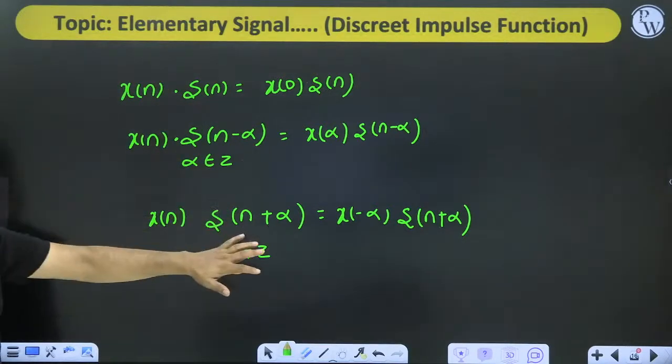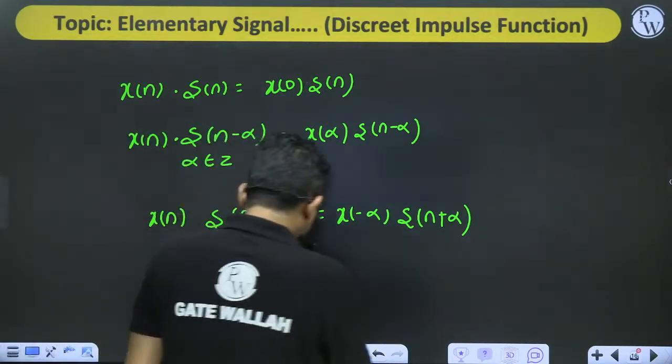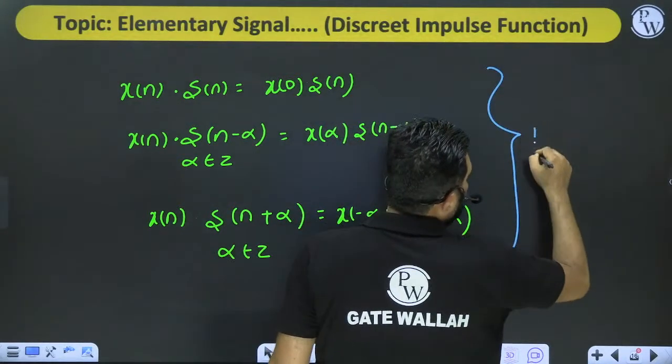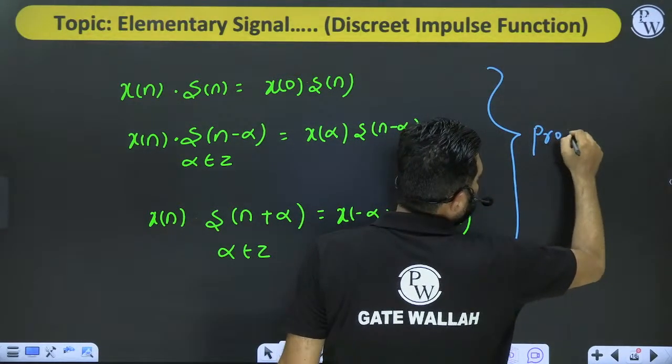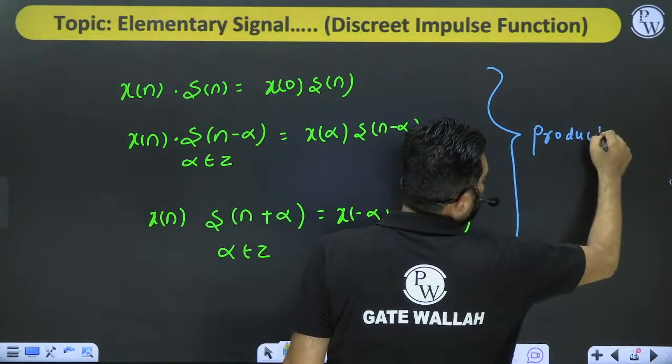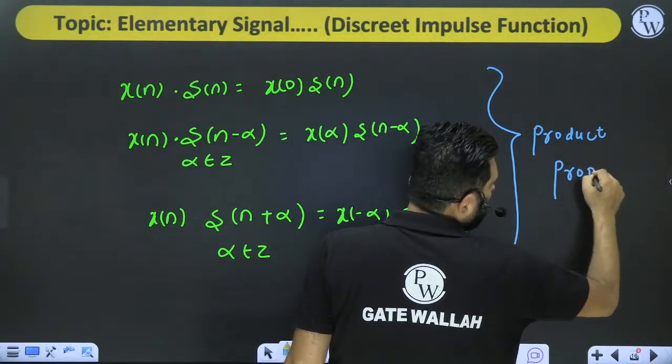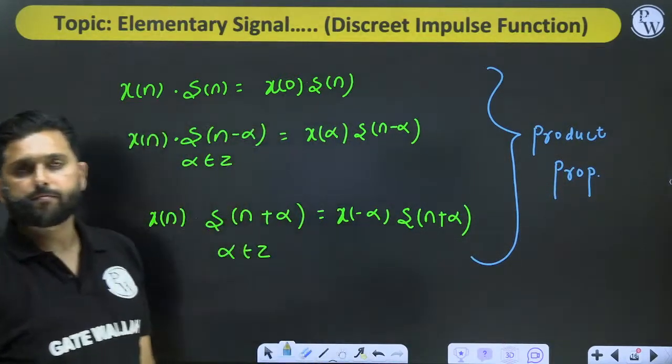This is what I am calling the product property.